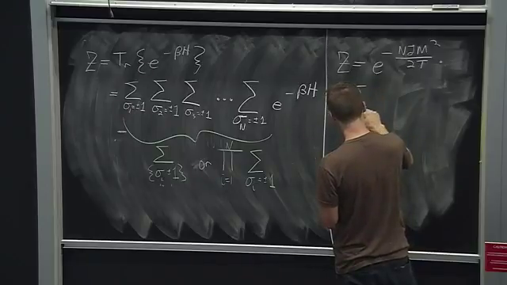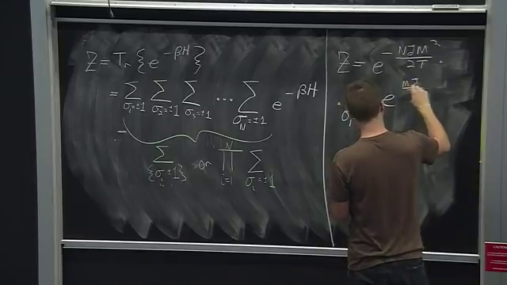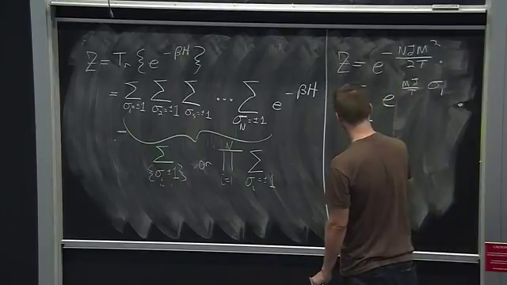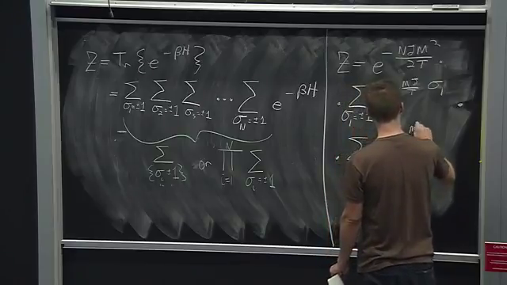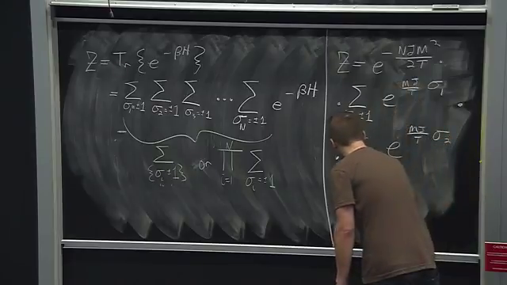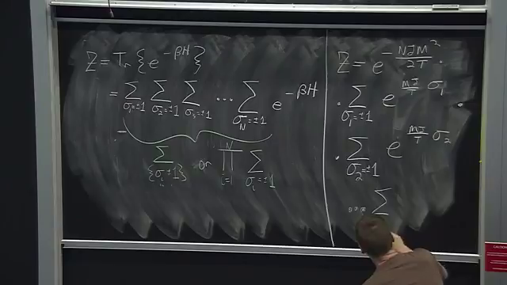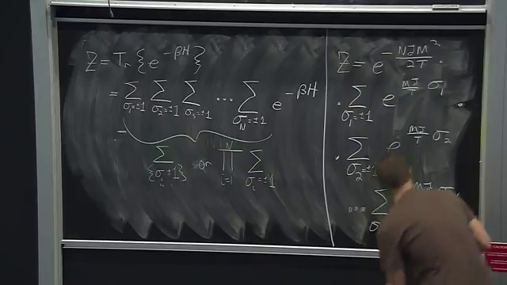Sigma 1 equals plus or minus 1, e to the mj over t sigma 1, multiplied by e to the mj over t sigma 2, all the way to sigma n plus or minus 1, e to the mj over t sigma n.